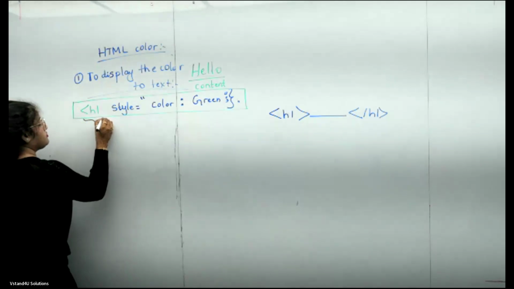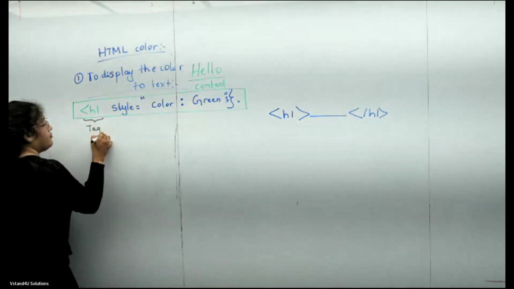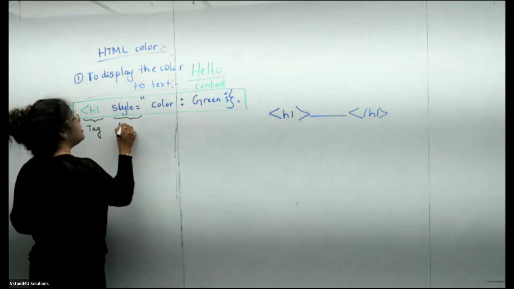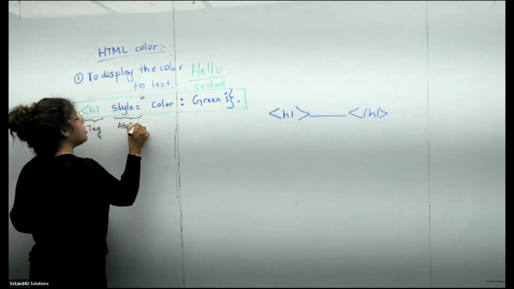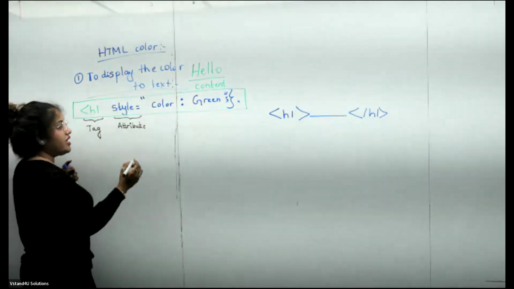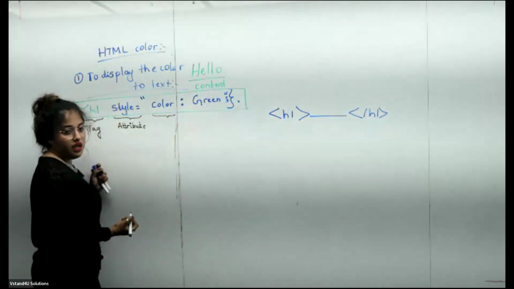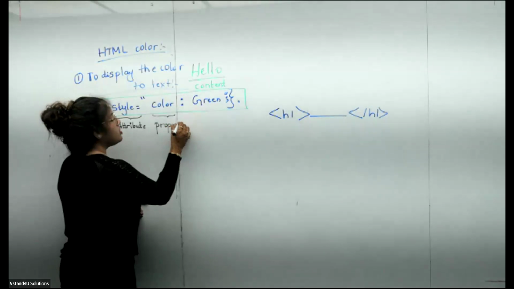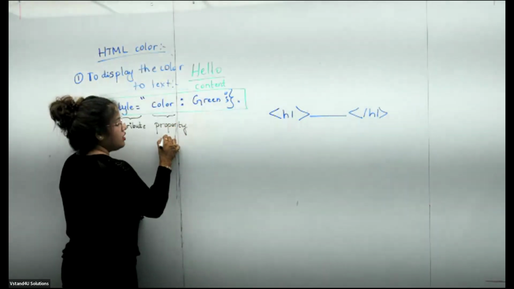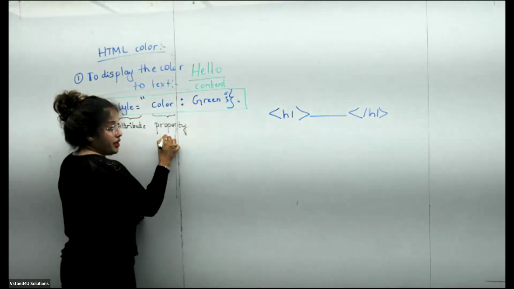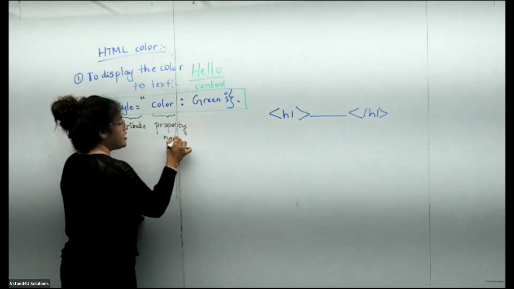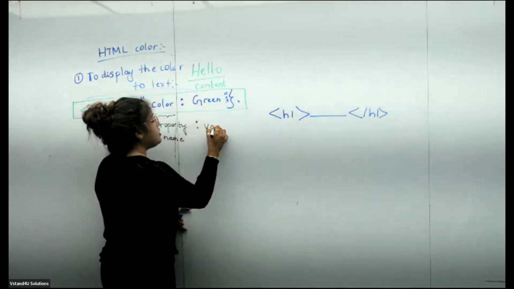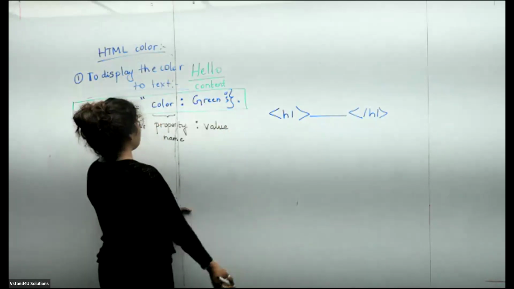This one is my tag, and this one is called the attribute, and this color is called the property. This is called the property name, and for this I am passing a value. Clear?